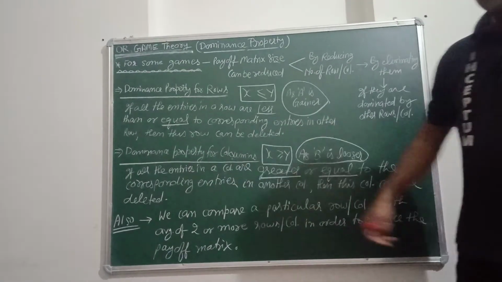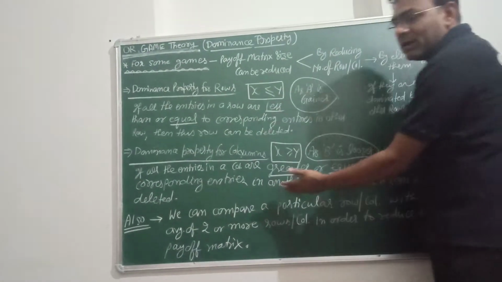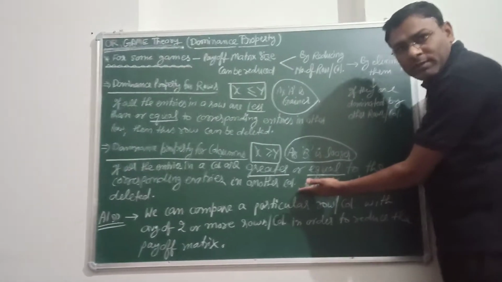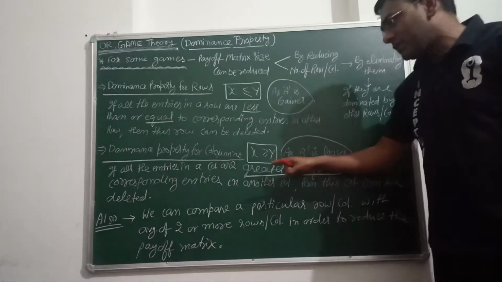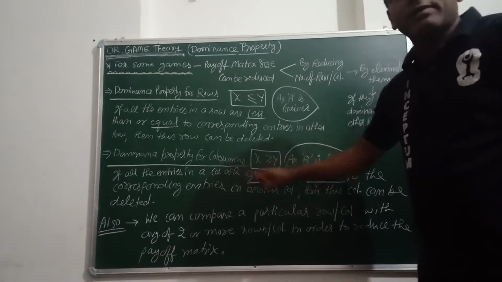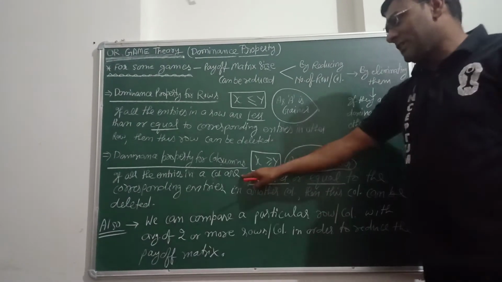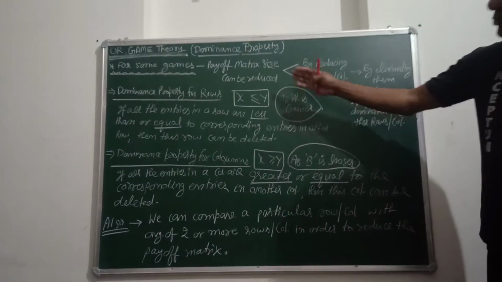Similarly, if the entries in a column are compared with the average of other columns, and if the average values are lesser than the actual comparing column values, then we can eliminate that column. So these conditions will be cleared in the numericals.